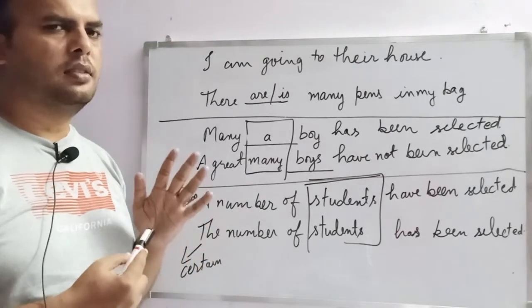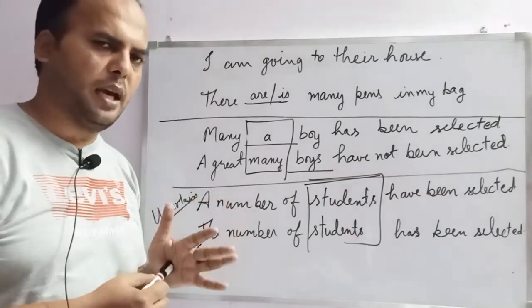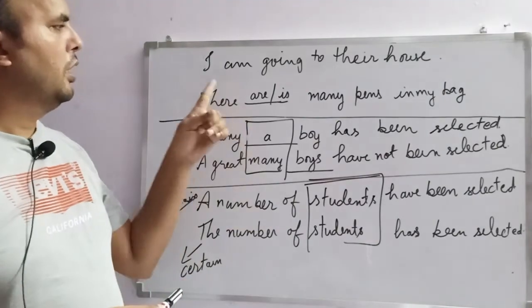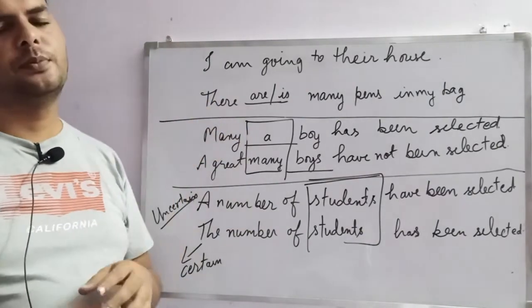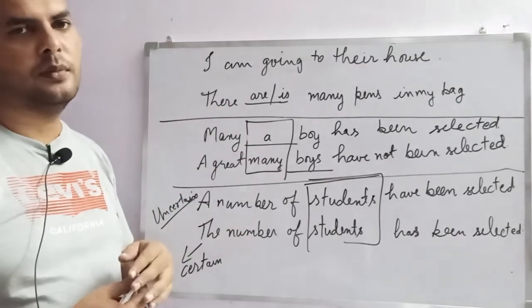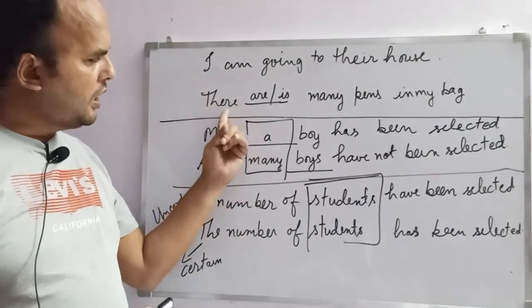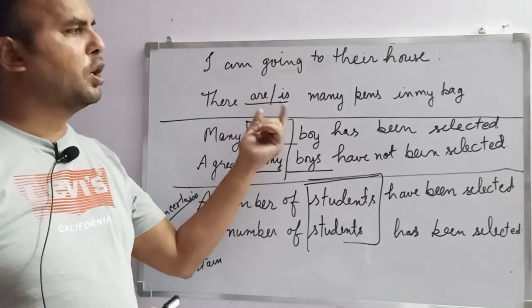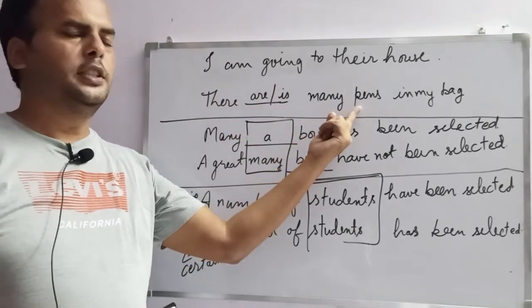So let's take an example of it. If I write there, it is a pronoun. It is going to use the verb according to the next word.